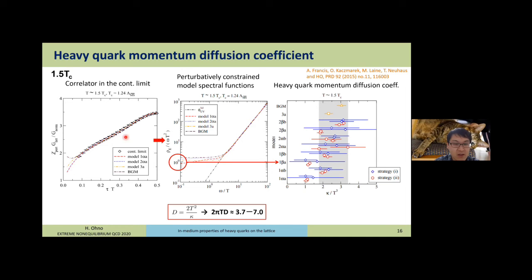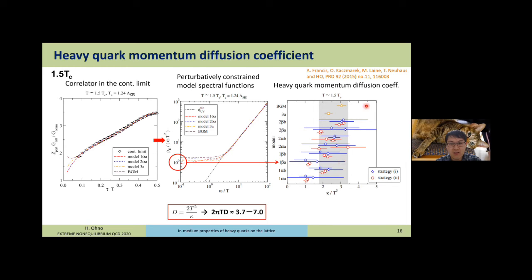As you can see, our models can be fitted to our lattice data pretty well, and the corresponding spectral functions themselves are shown in this middle panel. You can see some intercept here, and from this intercept, one can calculate the heavy quark momentum diffusion coefficient.